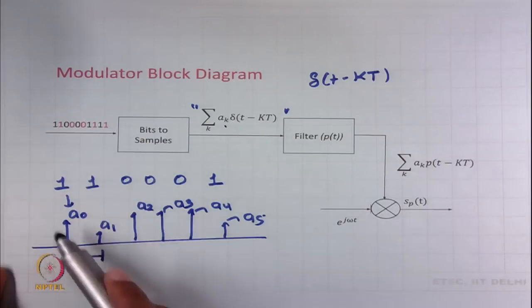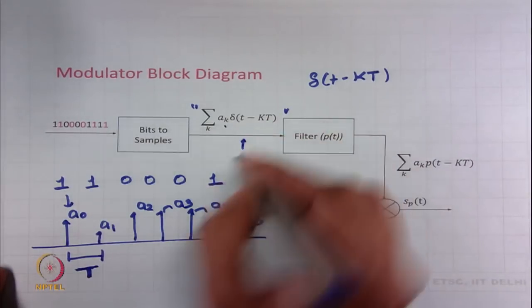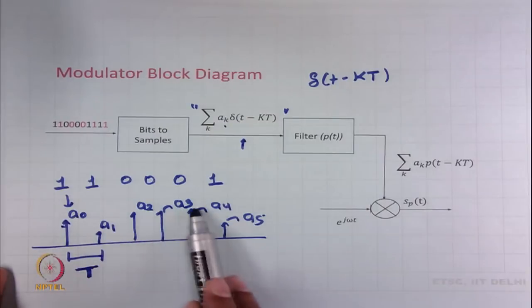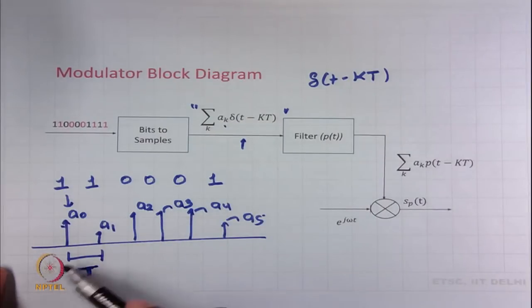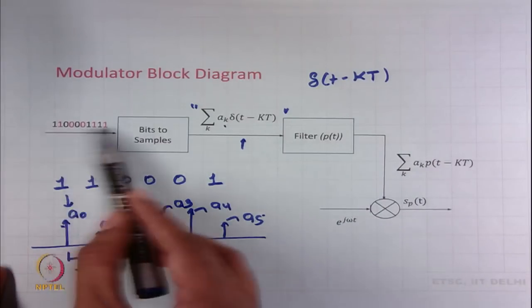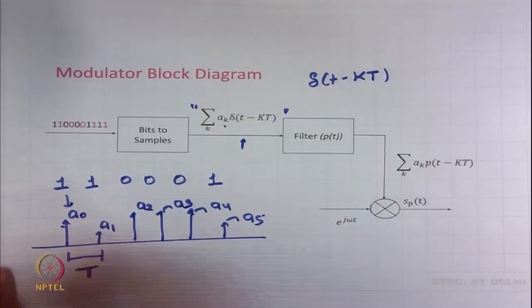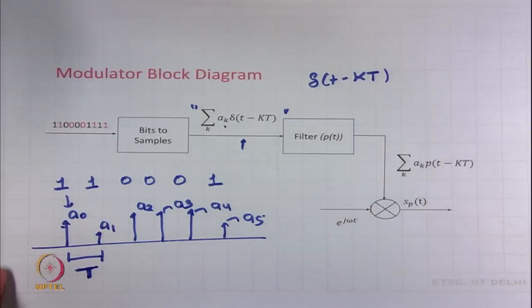That means, at this point I would be transmitting these impulses at a duration of T seconds, and the weights of these impulses would be varied in accordance with the binary sequence that we have in here. So, that is the first step that happens in a modulator.